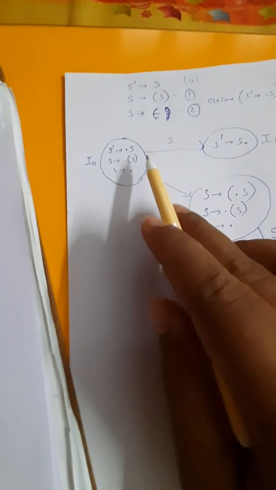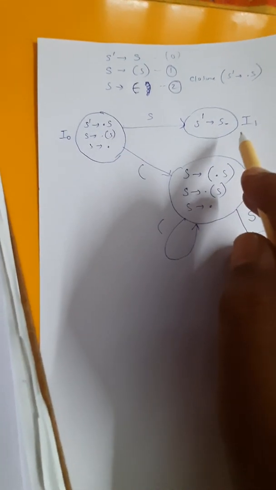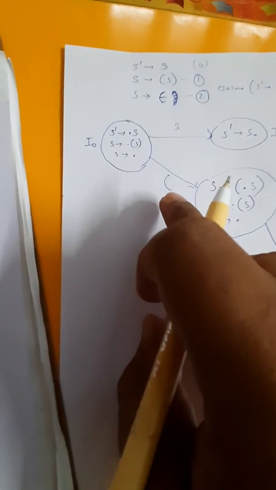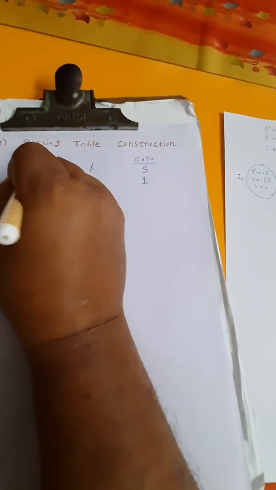Now from 0, where can we make a transition? By S to 1. Next, by open brace to 2. It's written under action, so we will write here shift 2. Next, from 1 nothing is there.